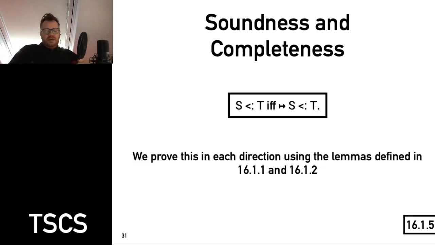And in a short form, this is this. This means that the declarative subtyping relation implies the algorithmic subtyping relation, and vice versa. This is soundness and completeness in just a few characters.